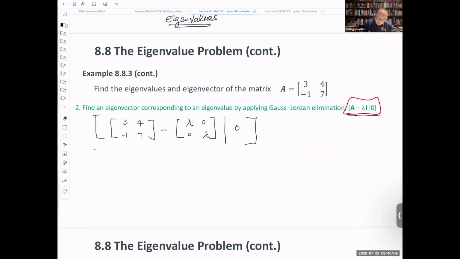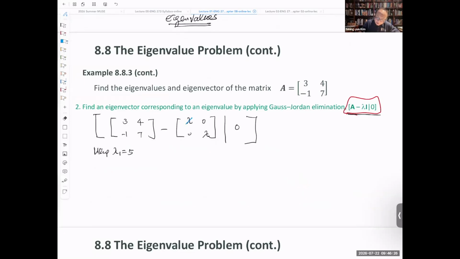So for using the first lambda 1, which is 5, you're going to use this as a 5, this as a 5. Then we have 3 minus 5, -2. And then 4 minus 0, 4. And -1 minus 0, -1. 7 minus 5, +2. And then the bar, 0, 0.